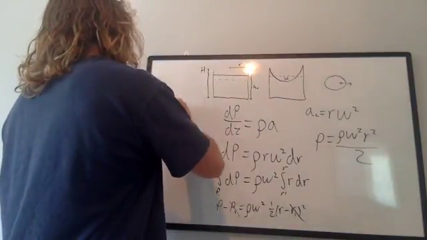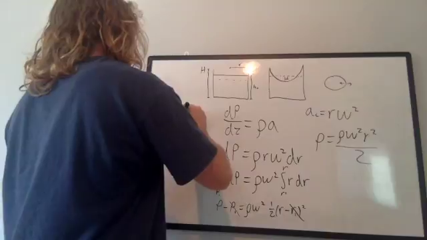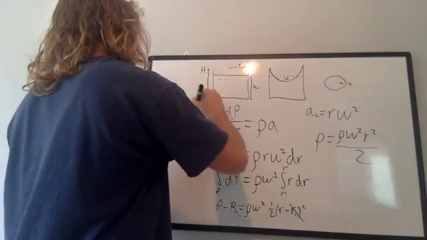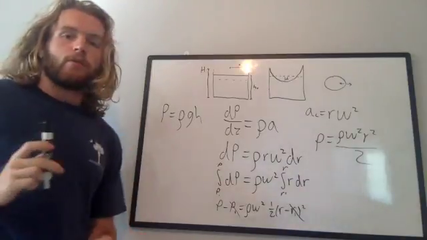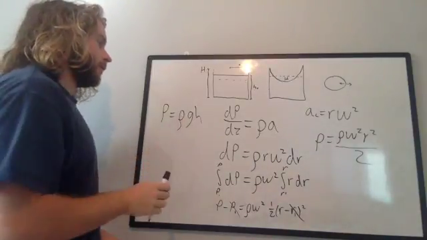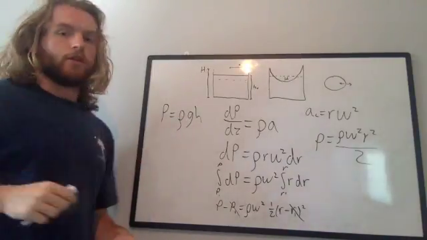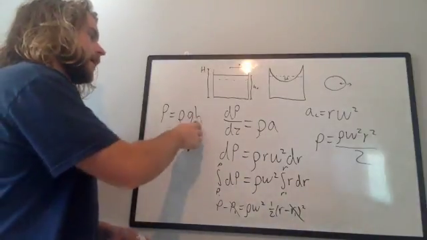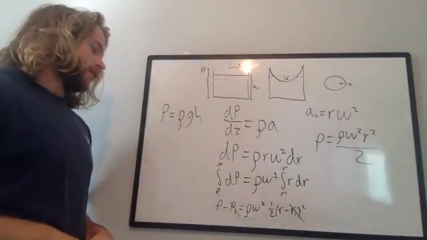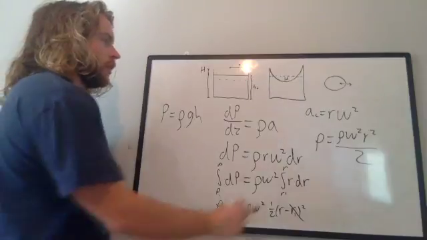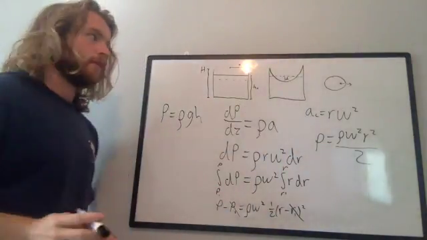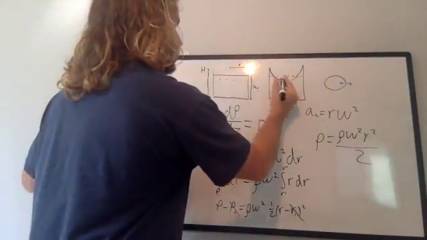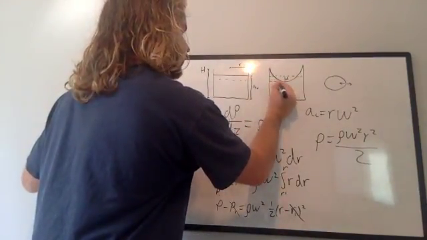So pressure is equal to rho GH. This is saying that pressure is equal to the density of the fluid times the acceleration due to gravity times the height of the fluid above it. This is why we said the pressure at R1 is going to be 0 because there is no height of the fluid above it. We are taking the pressure kind of along this line right here.